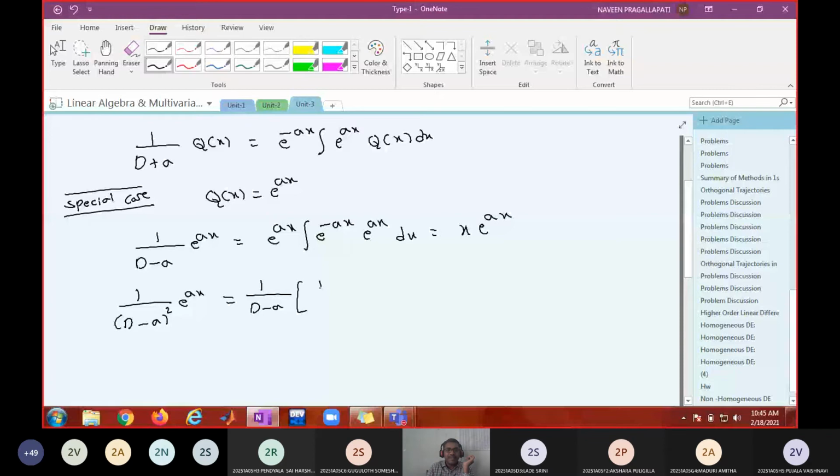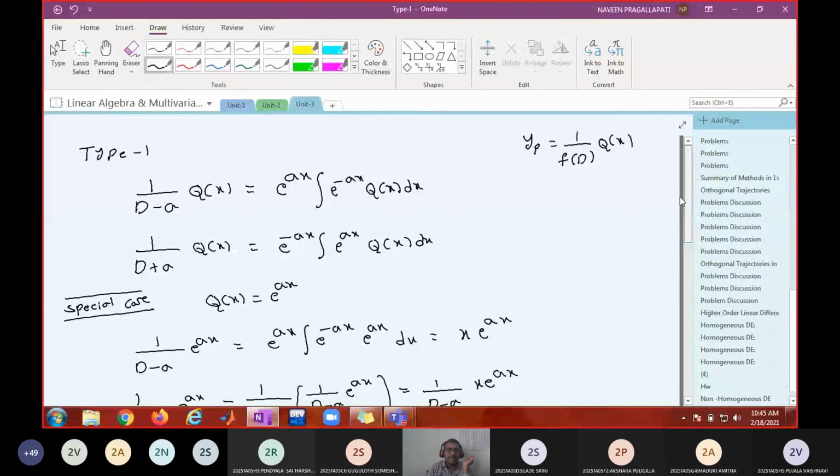As I said, f square is f of f. And already we know 1 by d minus a of e power x is x e power x. Now apply this formula again with Q of x equal to x e power x. Is that fine?